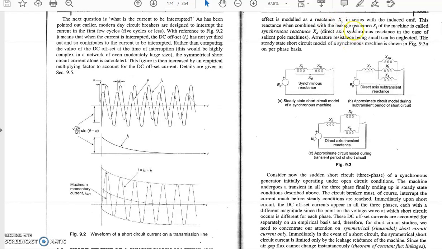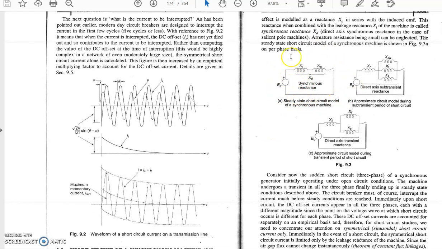XA is the reactance due to armature reaction, and XL is the leakage reactance. When we combine XA plus XL, it is known as the direct axis synchronous reactance of the machine, in series with the induced EMF.